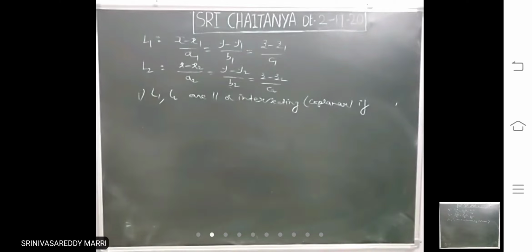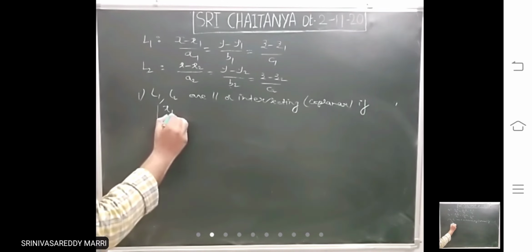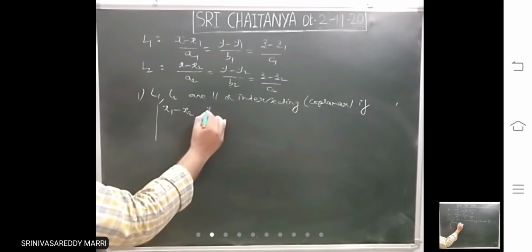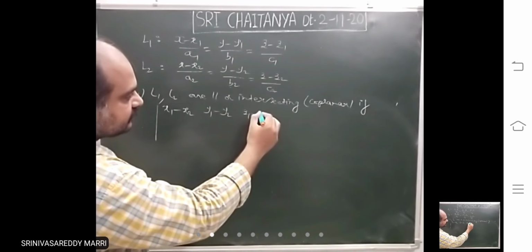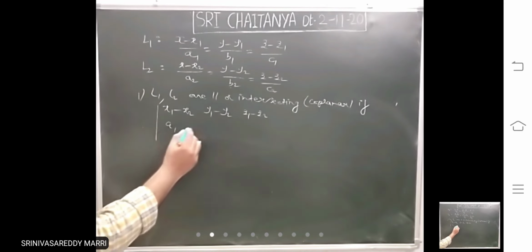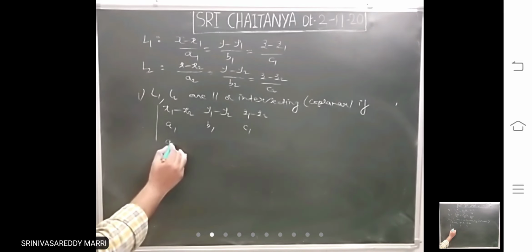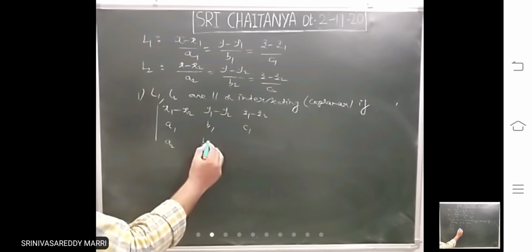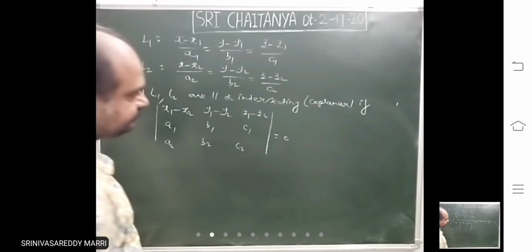If it is given in Cartesian form, the condition is the determinant of x1 minus x2, y1 minus y2, z1 minus z2, a1 b1 c1, a2 b2 c2 equal to 0.